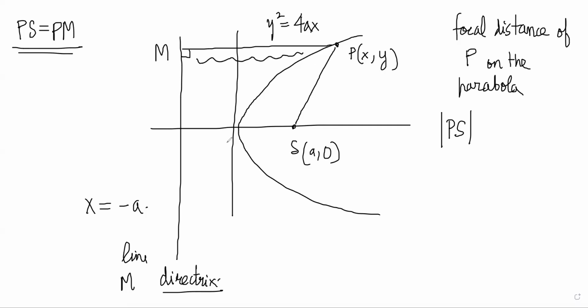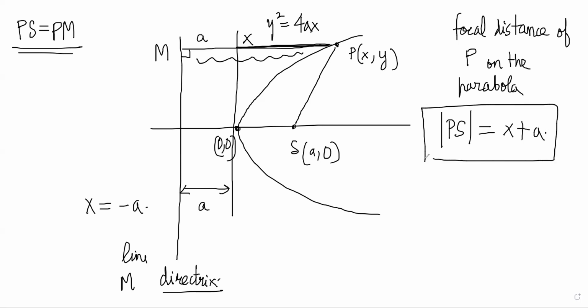And now think about it, since the vertex was (0, 0) here, you already know this much is x, and we already know this gap here was a. So the focal distance is clearly x plus a, right? So on a standard parabola, the focal distance is x plus a, right? Also, another thing to understand here is that this line is basically the tangent at the vertex of the parabola.